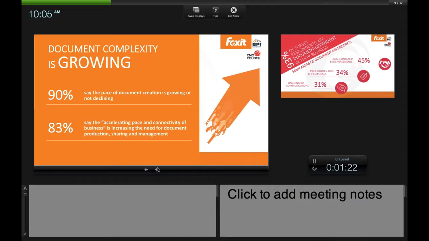And then 8 in 10 said that the accelerating pace and connectivity of business is increasing the need for document production, sharing, and management. In other words, the document is definitely not going away. It's becoming even more important to the way we share information and ideas, enforce policies, and transact business.